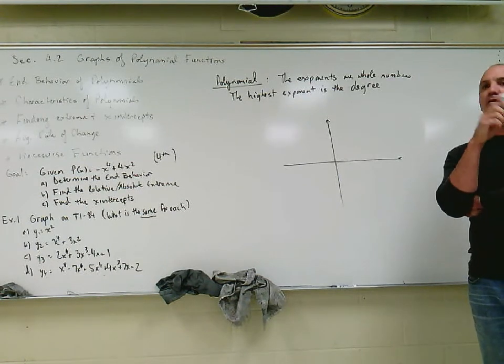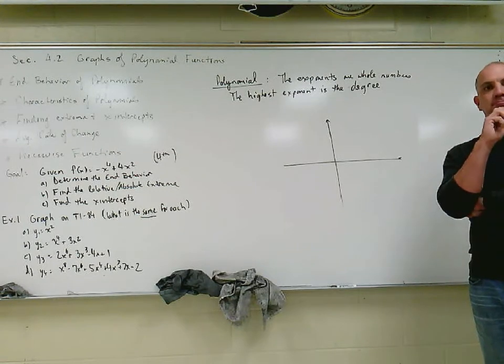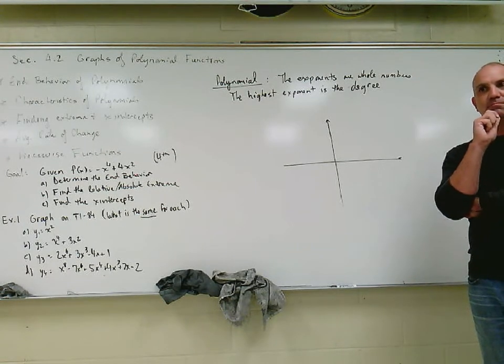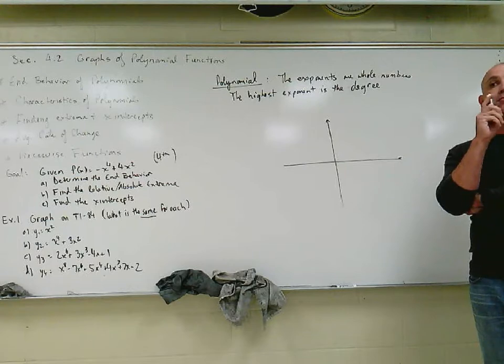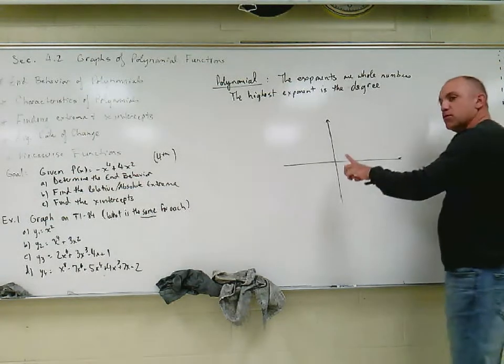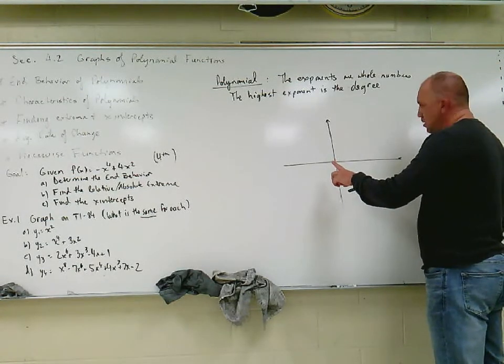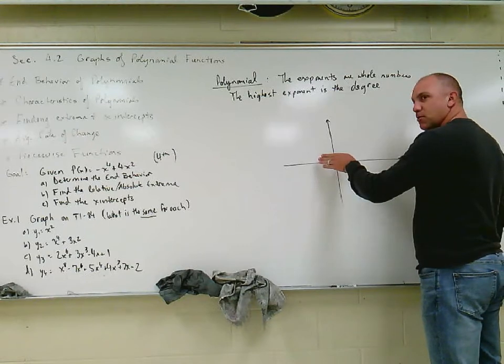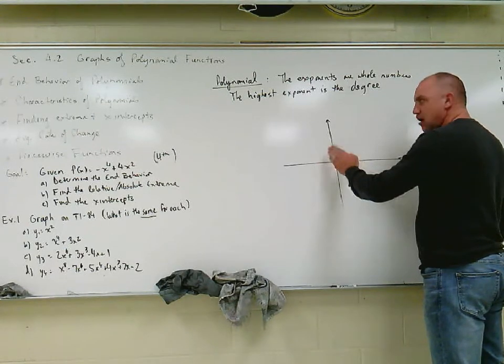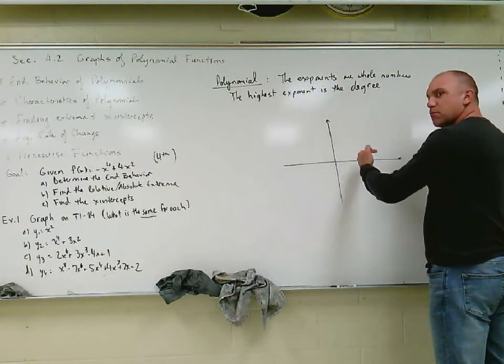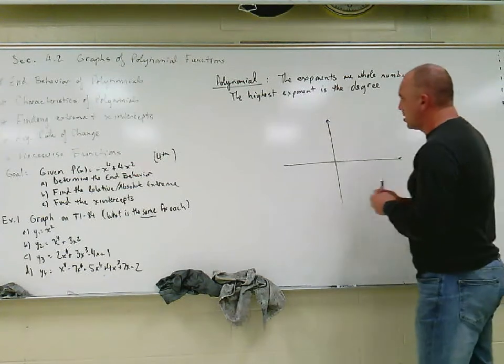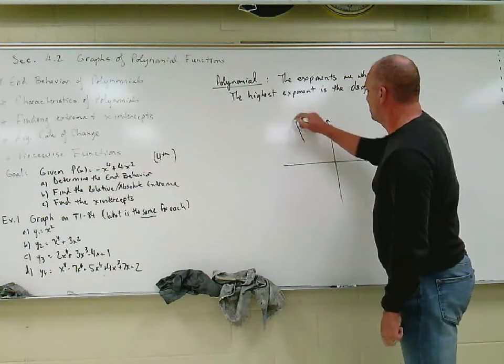There's something that they all do that's the same. As you go left, where do they all go? Look at the picture. Up. As you go right, where do they all go? This is what they all do that's the same.